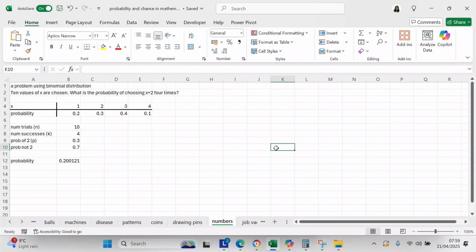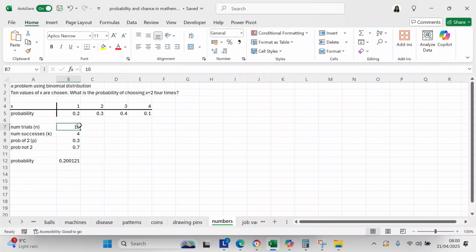So I just made a little table of x: 1, 2, 3, 4. The probability of x equals 1 is 0.2. A probability of x equals 2 is 0.3. A probability of x equals 3 is 0.4, and a probability of x equals 4 is 0.1.